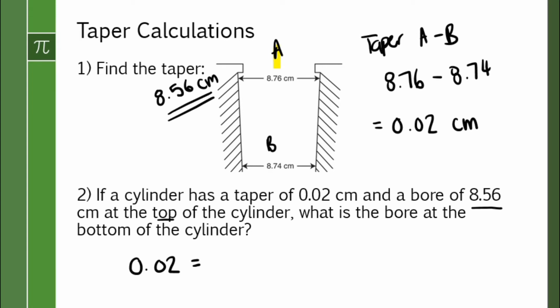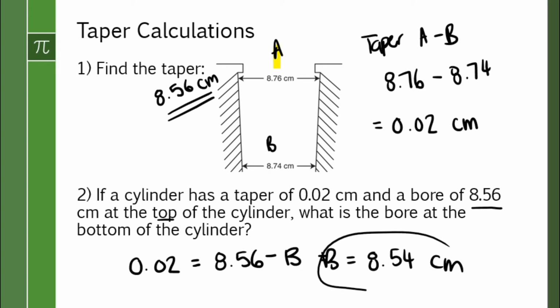That's measurement A. So 0.02 equals 8.56 minus the bottom bore. If you do that math, how can I get 0.02 from 8.56? If I do 8.56 minus 8.54, that's going to give me that taper.